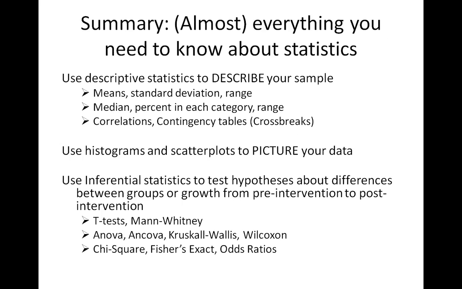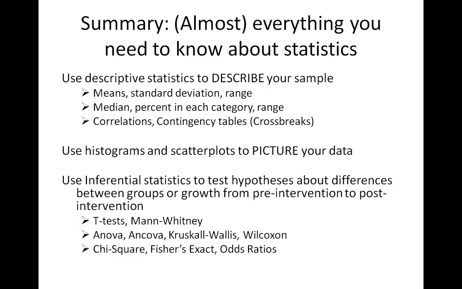So here's a summary of almost everything you need to know about statistics. Use descriptive statistics to describe your sample. So your descriptive statistics will either be mean, standard deviation, and range if your variables are continuous. It will be mean, percent in each category, and range if they're categorical, such as rankings.